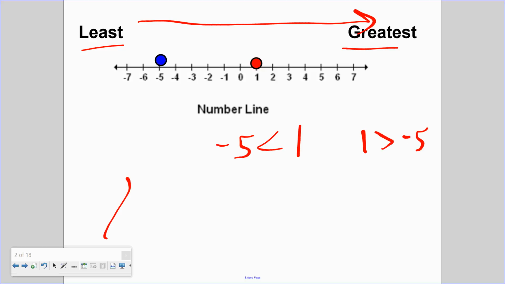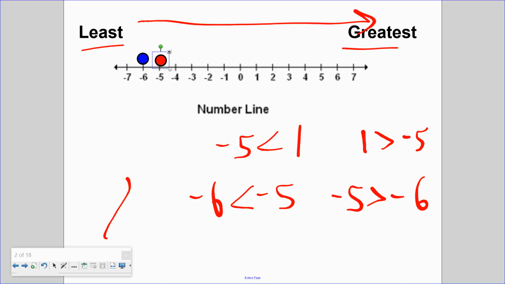What if I had this or this? What can I say about the relationship between these two integers? I can say that negative 6 is less than negative 5, or negative 5 is more than negative 6, either one.